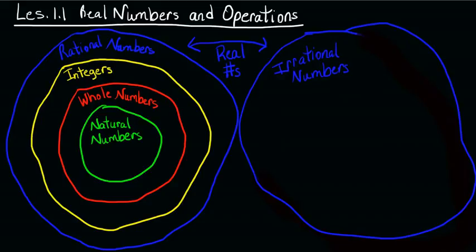Real numbers are divided into two different types. There are rational numbers and there are irrational numbers, and let me take just a quick moment to explain the difference. If you take a look over here at rational numbers, notice that this word ratio is right here.